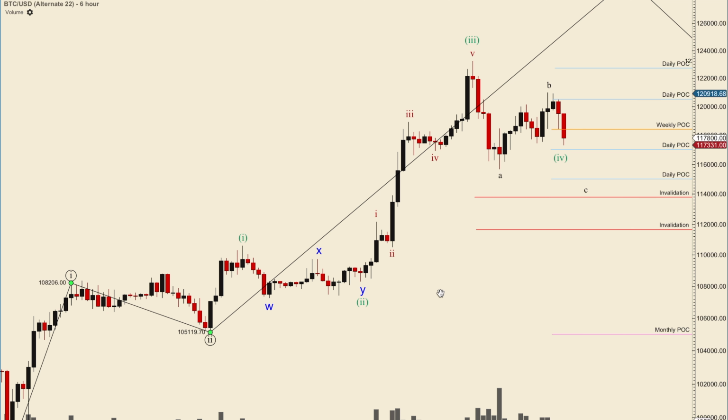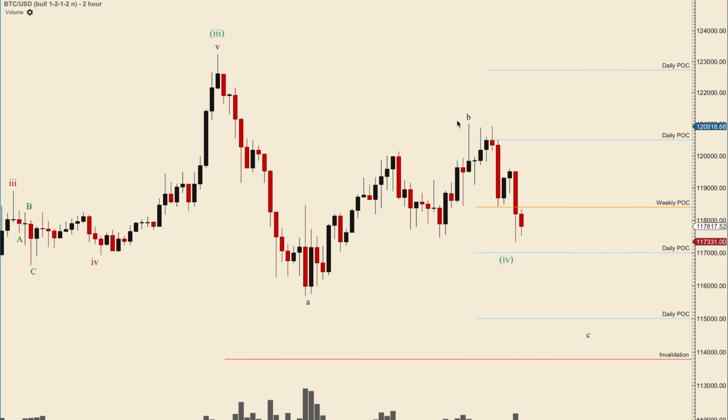So this price action is looking for higher prices basically. And the reason why we are not really finished here is if we look at this price action that happened recently, the downward movement, and if we zoom in here on a 2-hour time frame, you can see here that if we count this as a 1, 2, 3, 4, 5, we have the highest volume here in the wave 5, which is I would say very uncommon on such a low time frame.